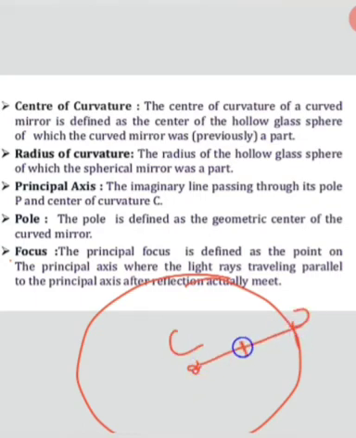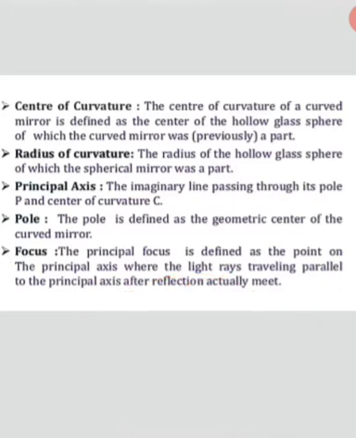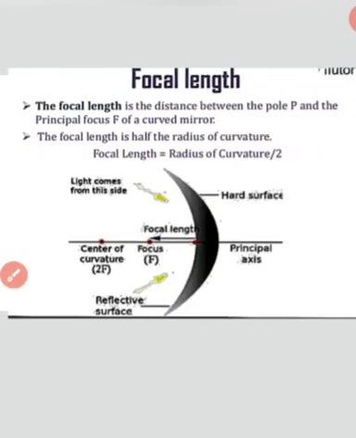The midpoint of the center of curvature and the pole is defined as the focus, where actually all the light rays meet. The principal focus is defined as the point on the principal axis where the light rays traveling parallel to the principal axis actually meet after reflection.